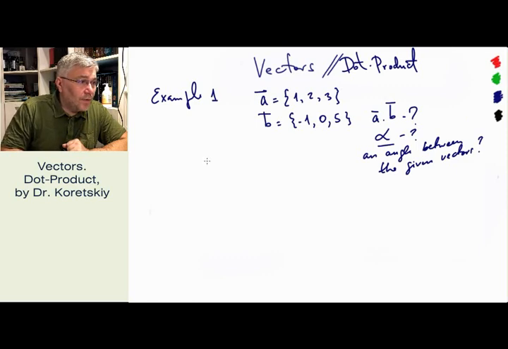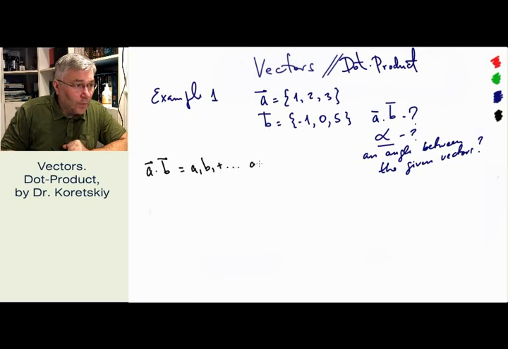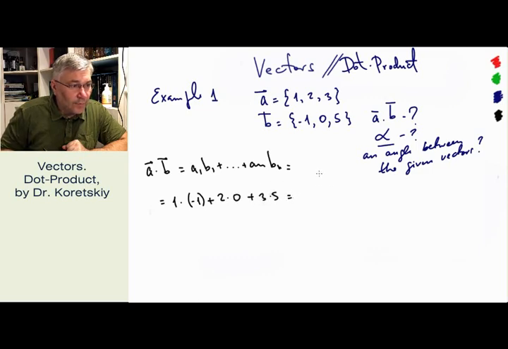So we can very easily use the formulas for dot product. First one: A dot B equals a1 b1 plus ... an bn. Here it is 1 times -1 plus 2 times 0 plus 3 times 5.